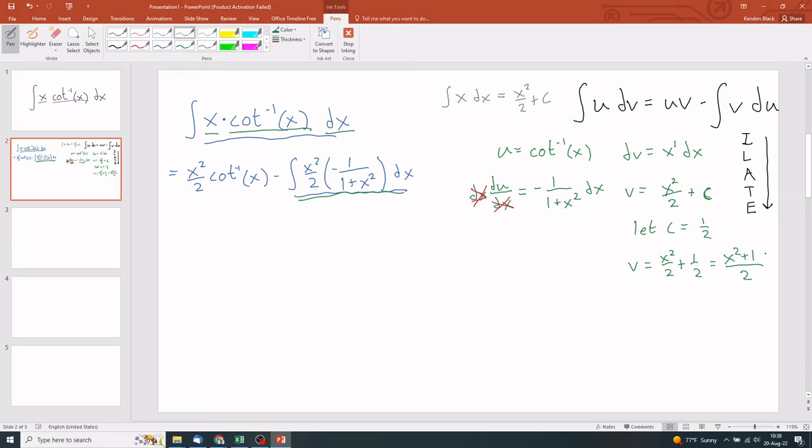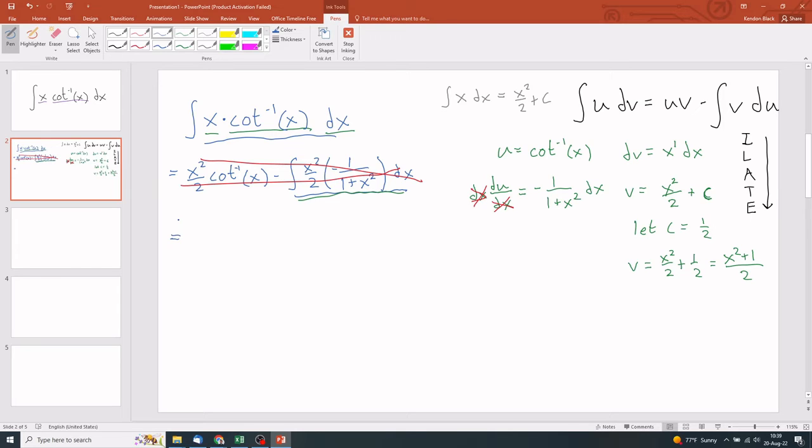And we have a common denominator here, so we can simplify this to x squared plus 1 over 2. Now you see that x squared plus 1 in the numerator is going to cancel with that 1 plus x squared in the denominator. So let's go ahead and cross this one out, and use the entire integration by parts formula with our new v.